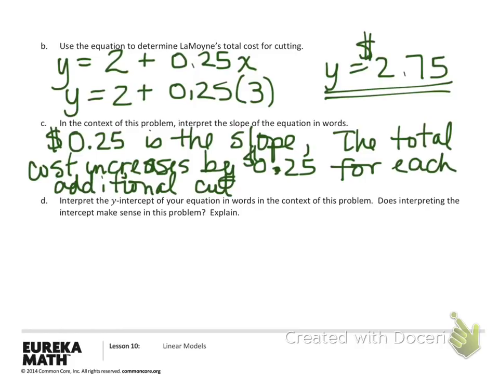So the y-intercept doesn't really have any meaning in the context of this problem, because $2.25 is the least that you would pay, and you would get 1 cut for that amount. So the y-intercept doesn't always have to make sense in some of these problems, especially in some of our scatter plots.